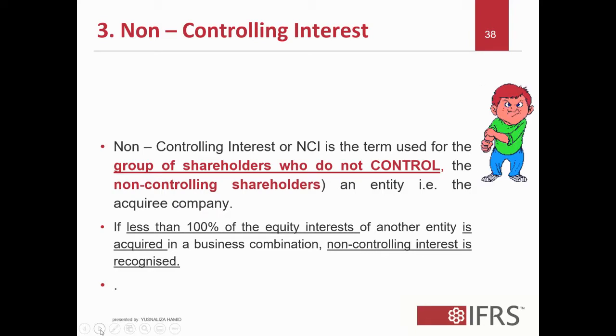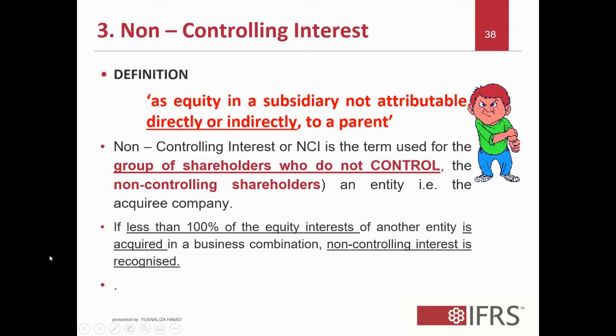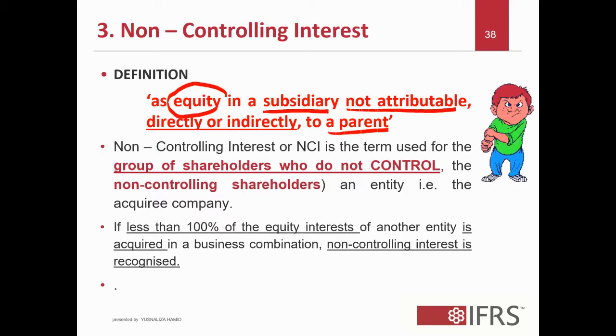And now we move on to non-controlling interest. What is non-controlling interest? It is actually an equity in the subsidiary company that is not attributable to the parent, either directly or indirectly.